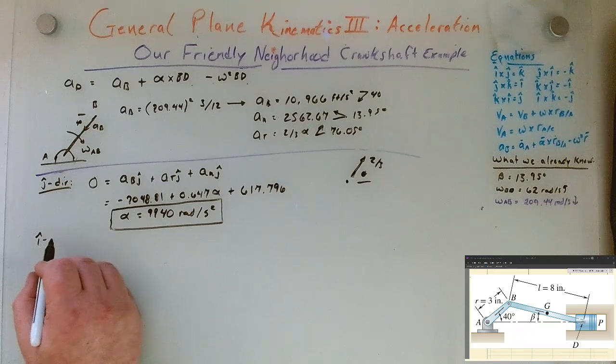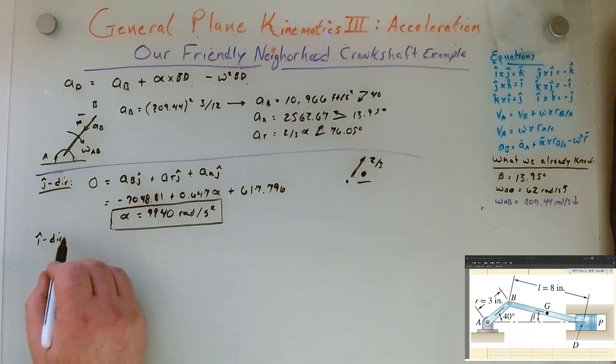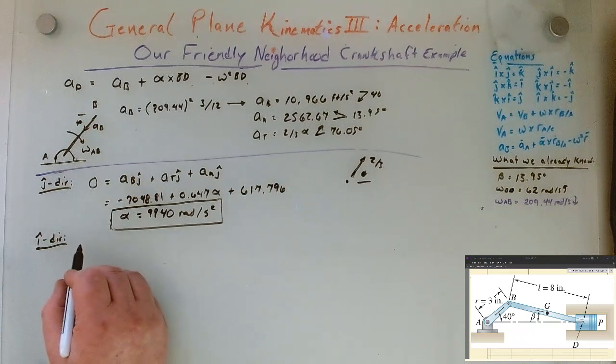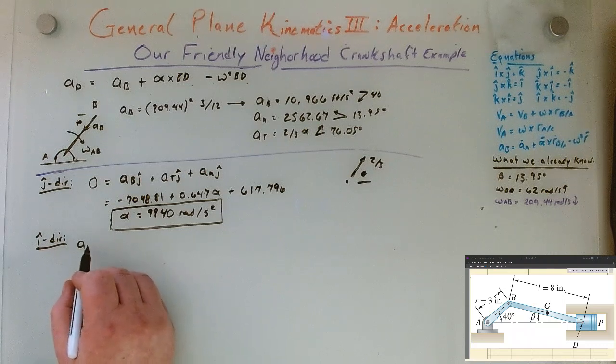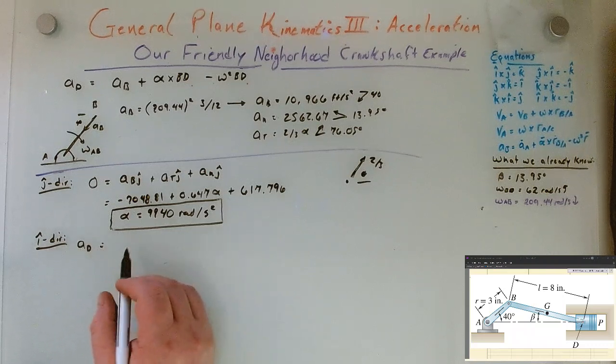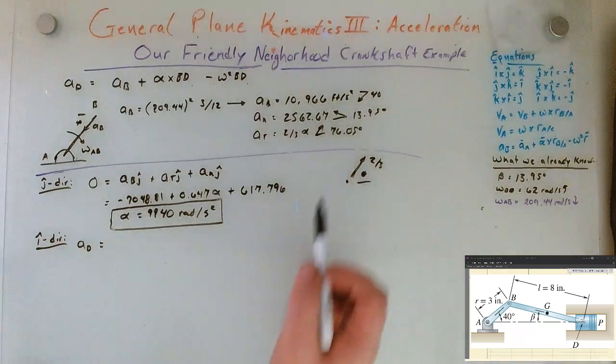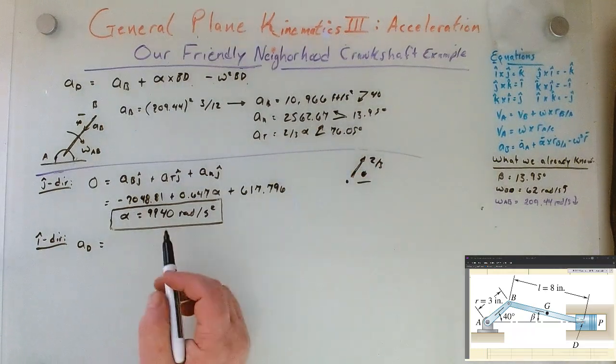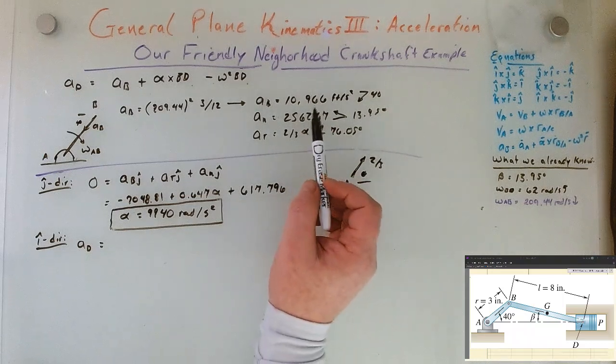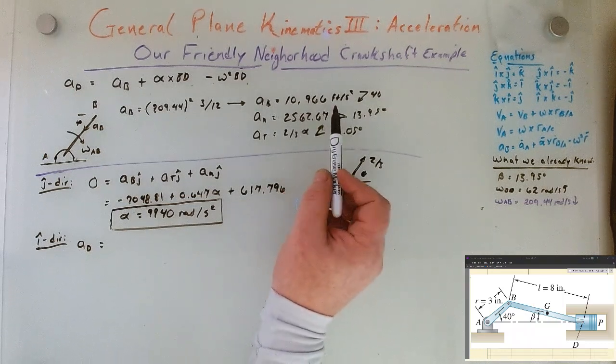Now in the i direction, which is where we'll be able to solve for the acceleration of D, what do we have? A sub D is equal to the i components of these things, right? So now, instead of this being the sine of 40 degrees, it's cosine.